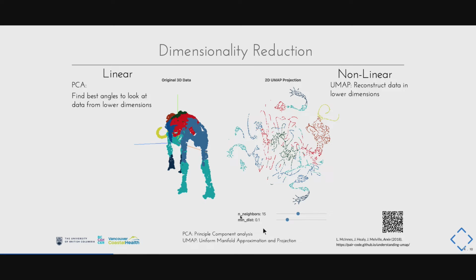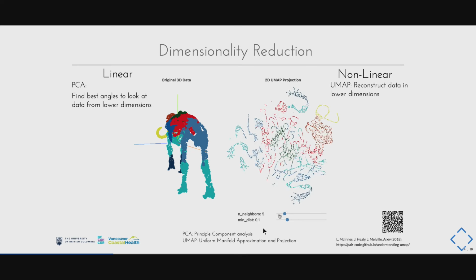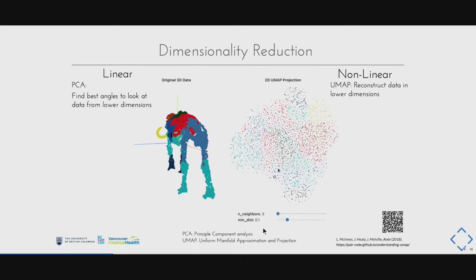In UMAP it's called nearest neighbors, and in t-SNE it's often called the perplexity score. If I reduce the nearest neighbors to 3, you can see the UMAP failed to reconstruct a useful representation of the mammoth.